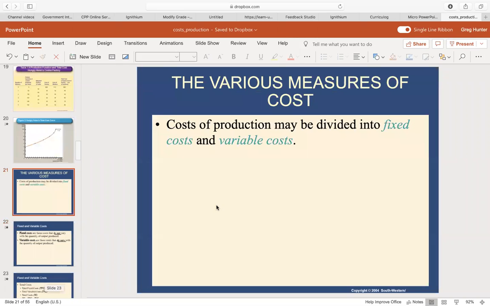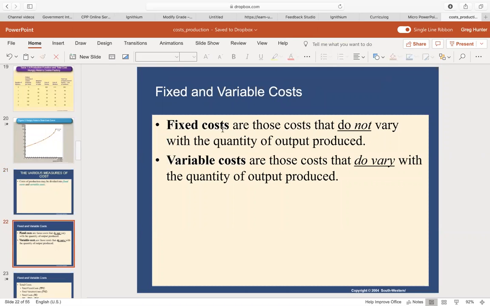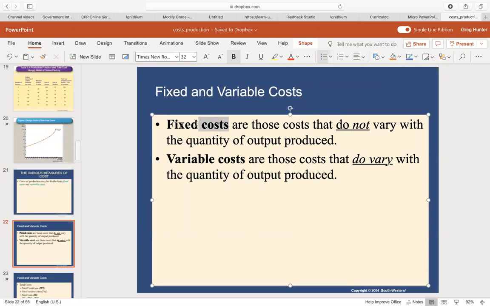Okay. Now, it turns out when we're going to analyze how it is a firm can manage its costs to maximize its profits, how it can minimize its costs so it can be a successful company, the relationships between the fixed costs and the variable costs become important. Notice that fixed costs, by definition, are costs that do not change with the quantity of output produced.